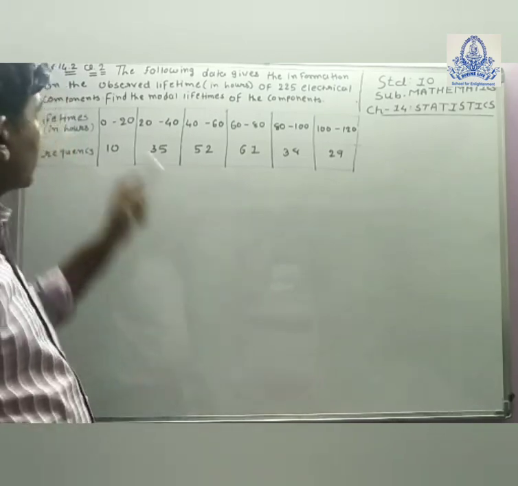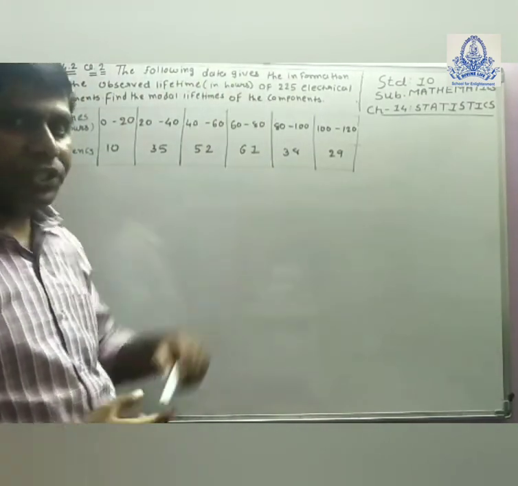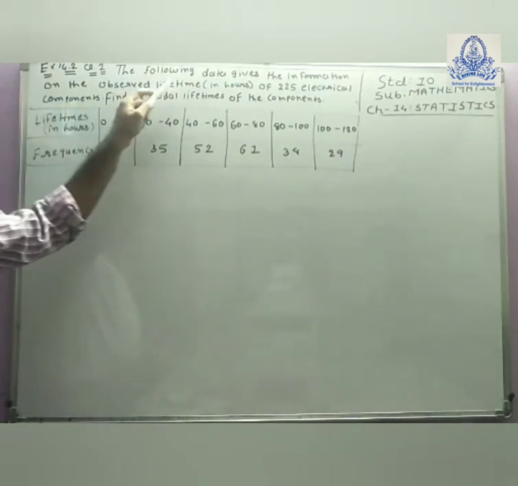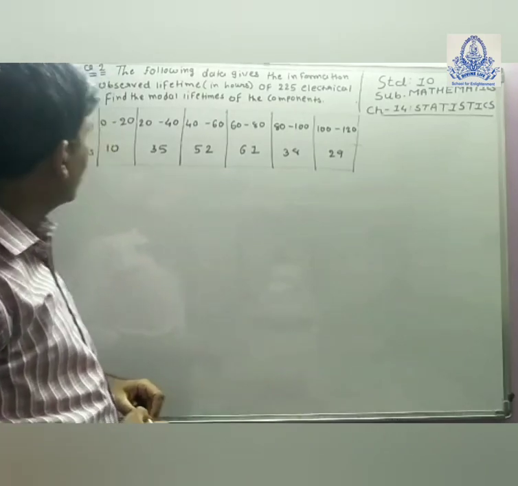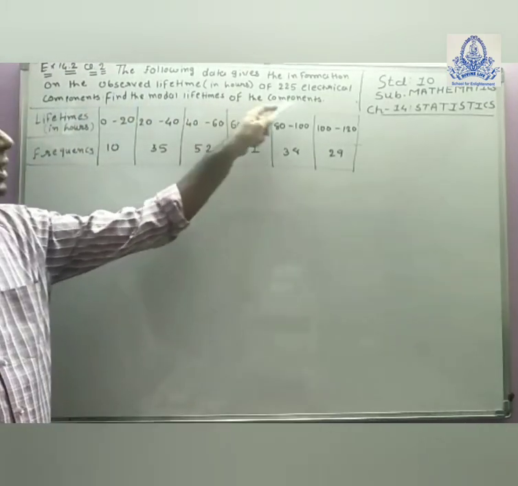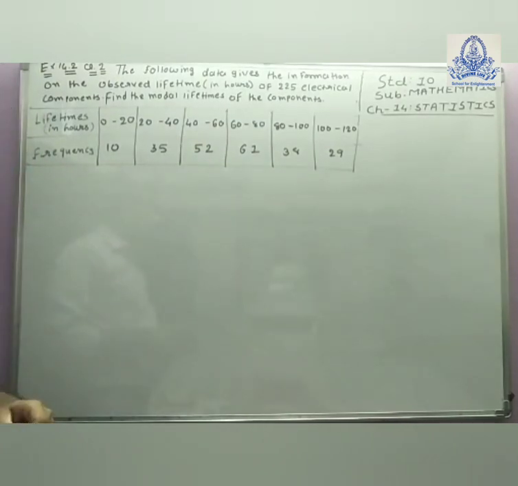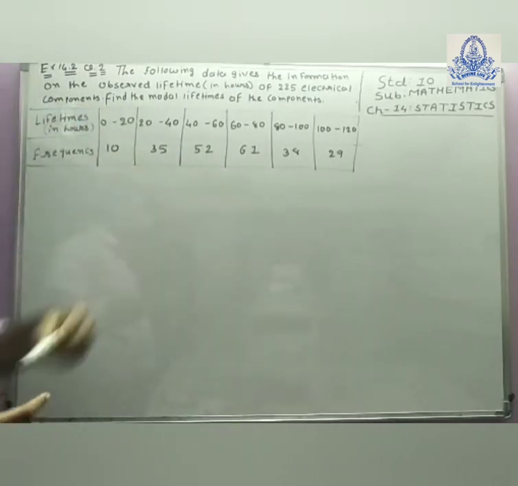Question number 2. The question is, the following data gives the information on the observed lifetime in hours of 225 electrical components. Find the modal lifetime of the components. So friends, here we have the data of some number of components and their respective lifetimes.